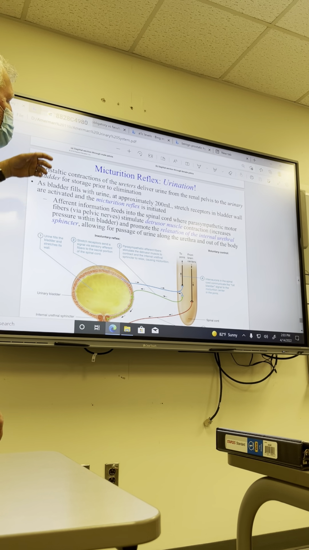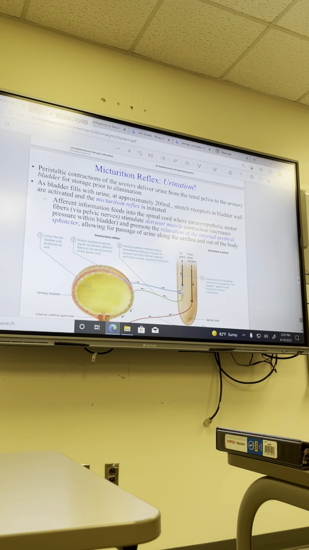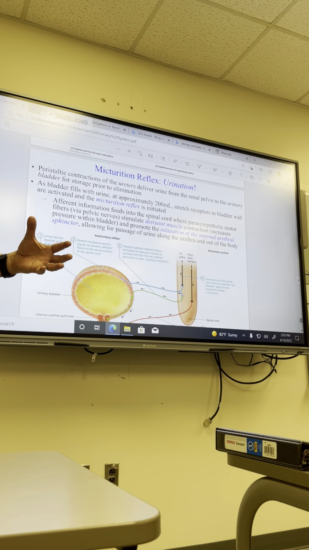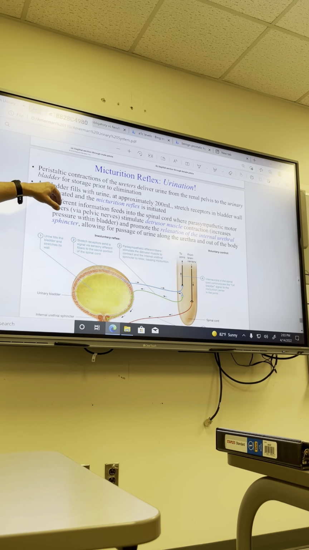So finally, the micturition reflex. That's the $20 word for urinating. That's going to be primarily mediated out of the lower portion of the spinal cord, the sacral region of the spinal cord, where all of these impulses go. When your bladder fills with a given volume, there are stretch receptors in the bladder that are going to activate this.